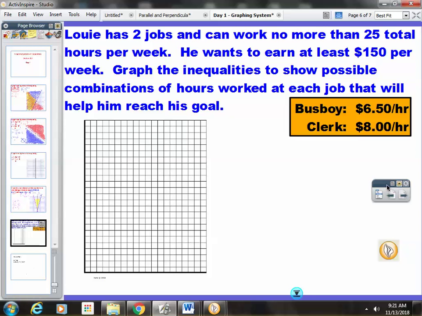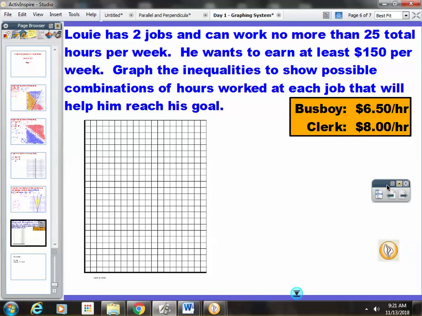Graph the inequalities to show the possible combination of hours worked in each job that will help him reach his goal. Now it does tell us that as a busboy, he can make $6.50 per hour, and as a clerk, he can make $8 per hour. What do we not know in this situation? We don't know how many hours he's working as a busboy or as a clerk.